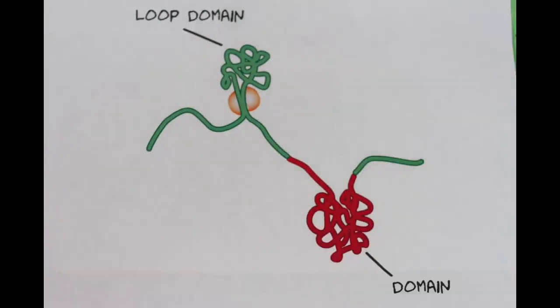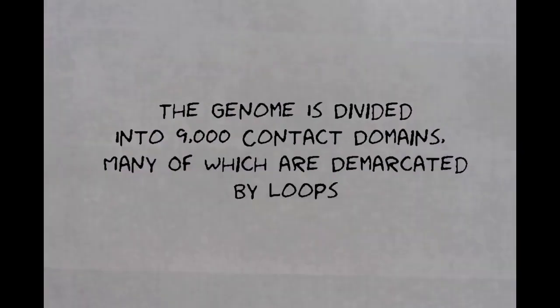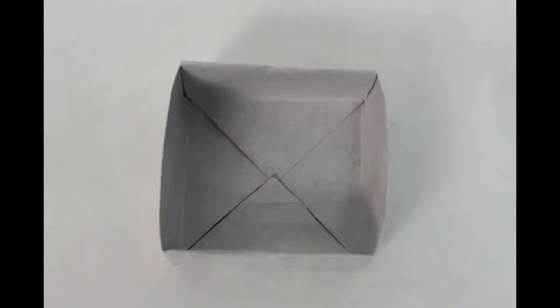Domains can also be created without loops. The typical contact domain is about 200,000 DNA base pairs long. That's pretty small. Previous reports suggested that the human genome is divided into much larger units, each around 1 million base pairs long. Nuclear DNA comes in different flavors, or chemical marks, that tell the cell what to do with a particular sequence.